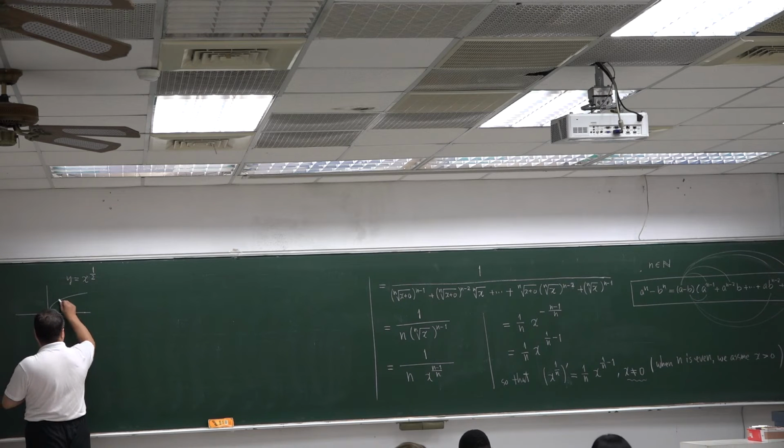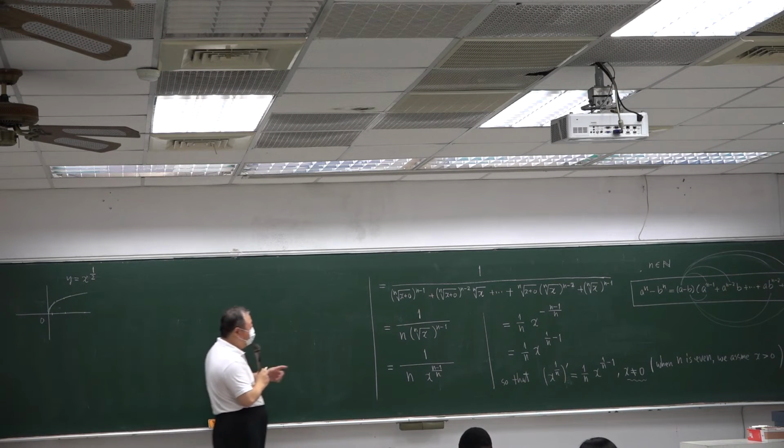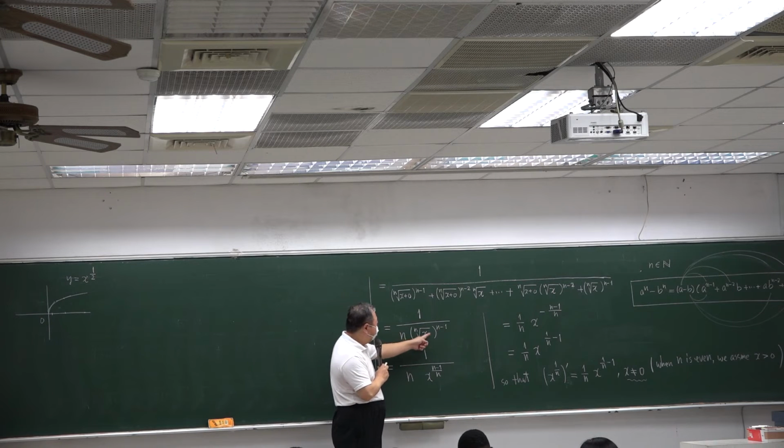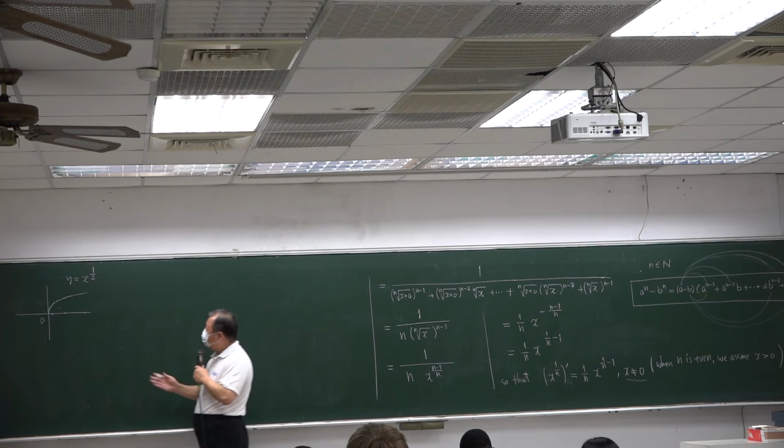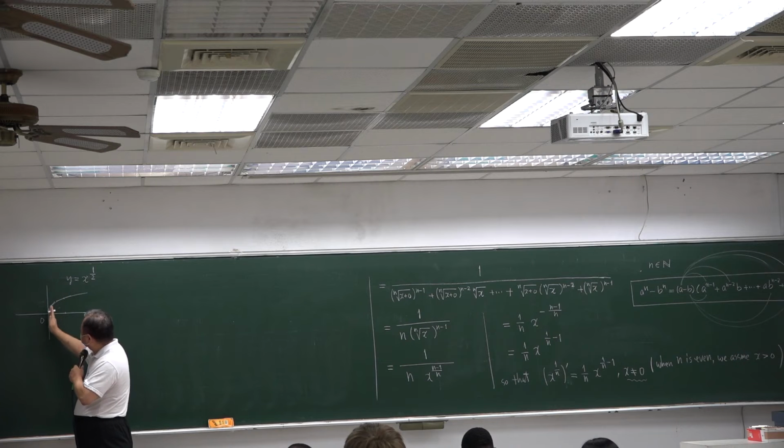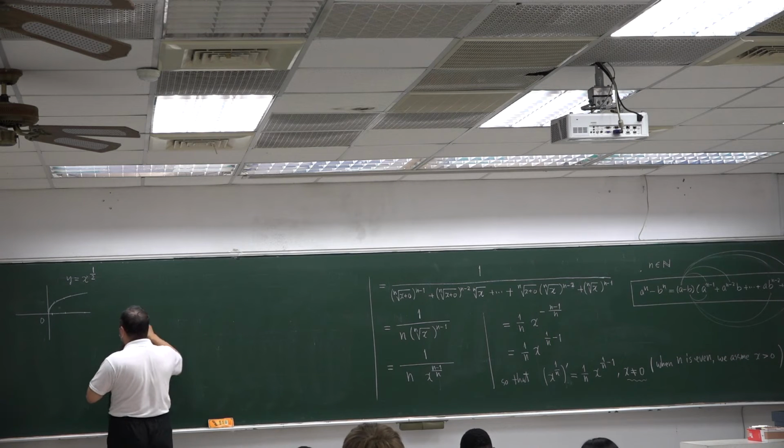For example, here has a tangent. When x goes to 0, the slope of the tangent goes to infinity. Approaches a vertical tangent.